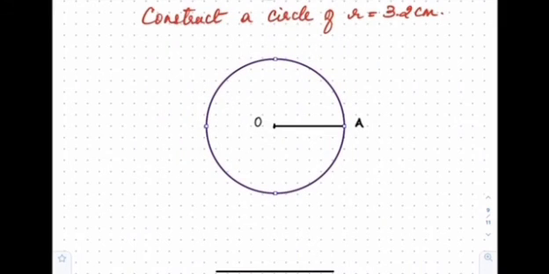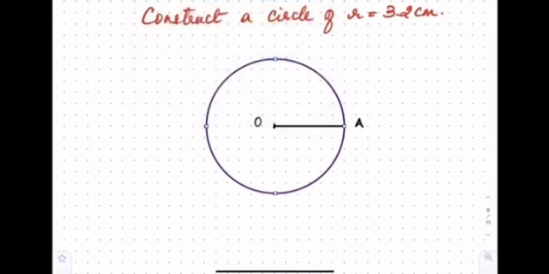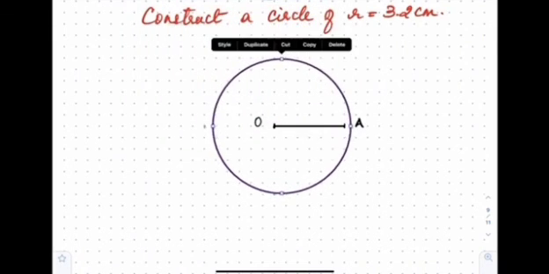This is the circle which you get with radius 3.2 centimeters.